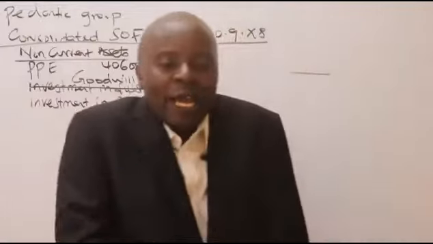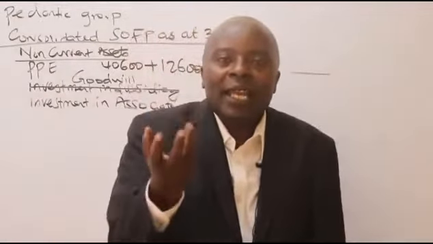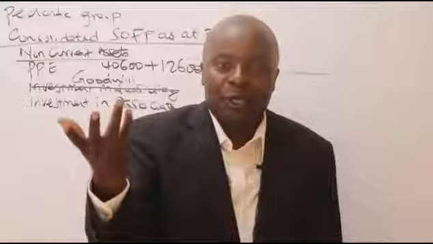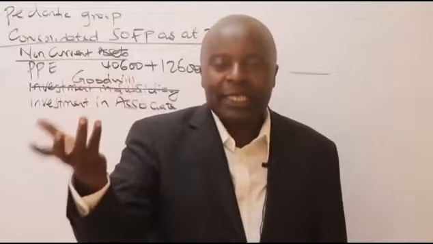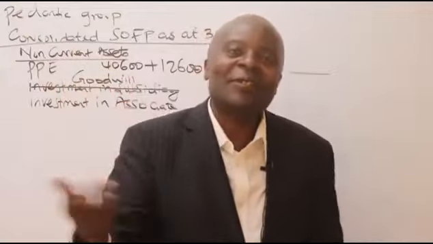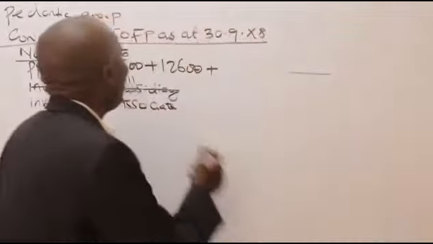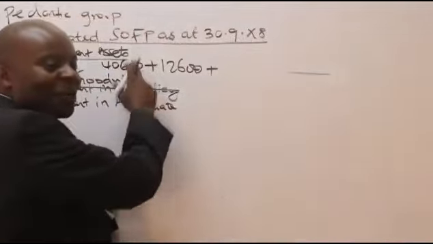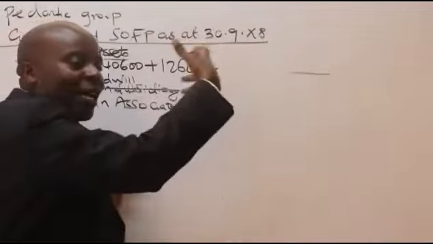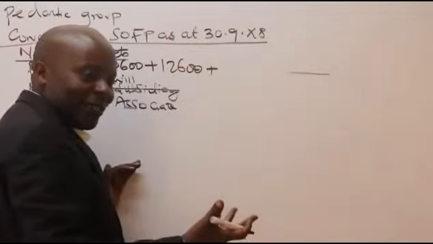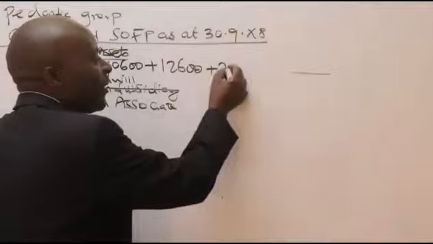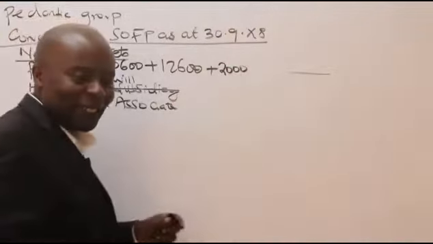So then what should I do? Once I've realized that there is a fair value, 2,000, that has not been factored in, what I'll do is to come and increase my PPE, because that fair valuation was higher. It's a revaluation upwards. So I'll come and say here plus what here, somebody? Plus 2,000.